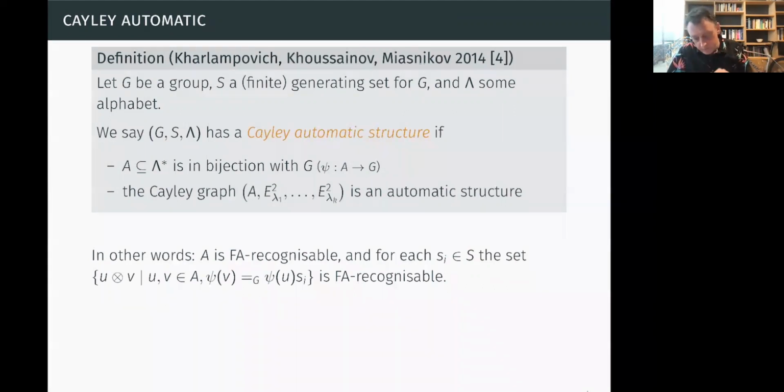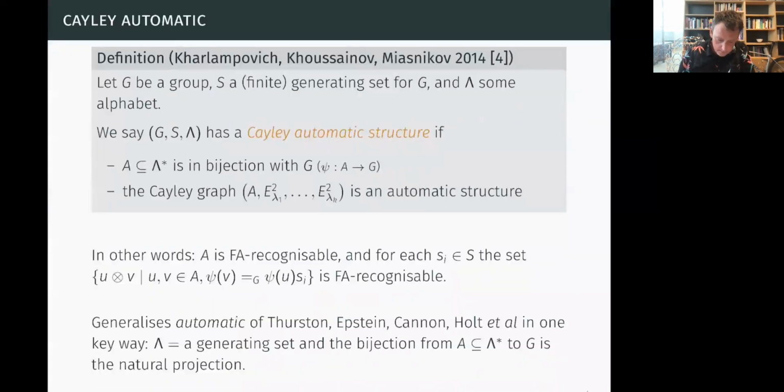And that the Cayley graph listed like that is an automatic structure. So in other words, everything in sight is automatic. There's a finite state automaton that can read two words at a time and tell you whether they represent group elements that differ by multiplication by a single generator. So that's what it means to be Cayley automatic.